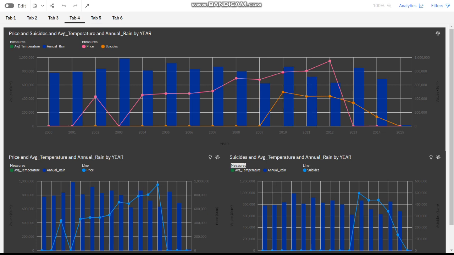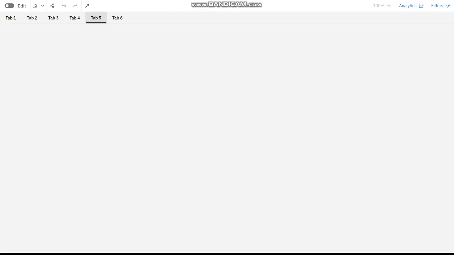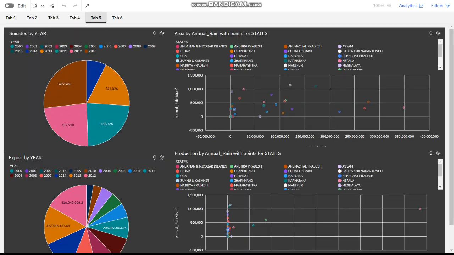Here are the specific graphs for each. This is the pie diagram which shows in how many years the suicide rate increased. As we mentioned earlier in the video, we have a very small data set for finding the suicide rates, nearly 5 years only.